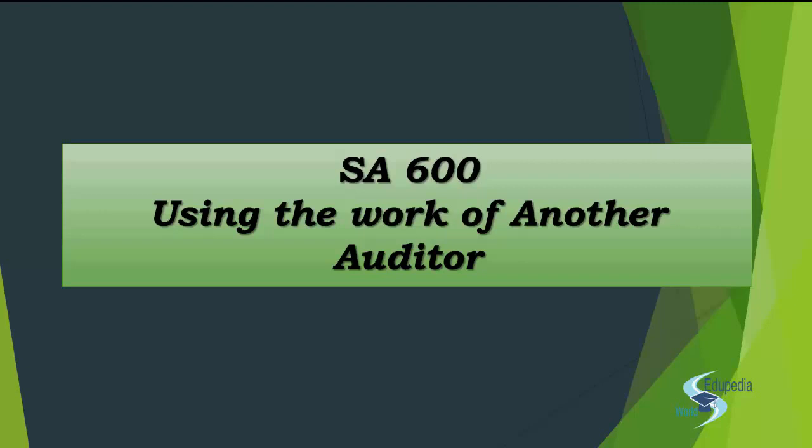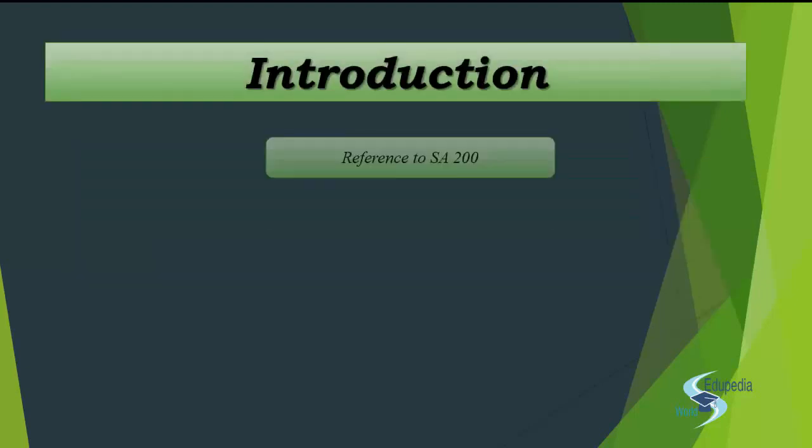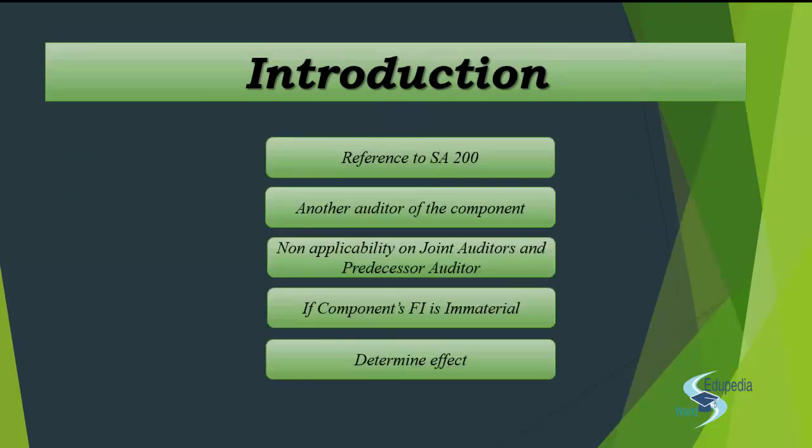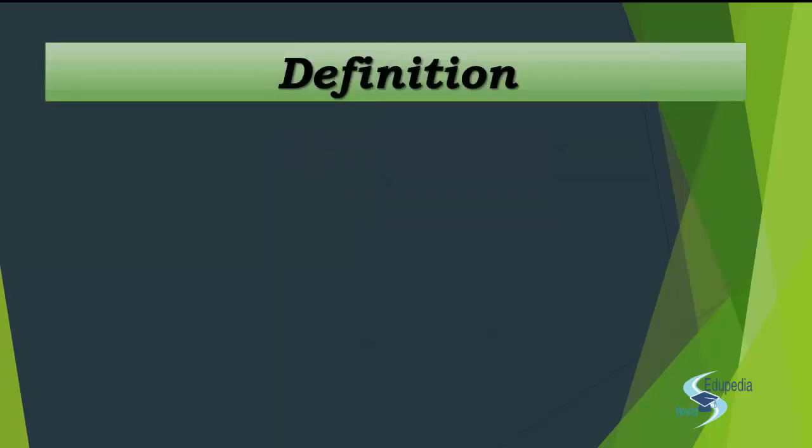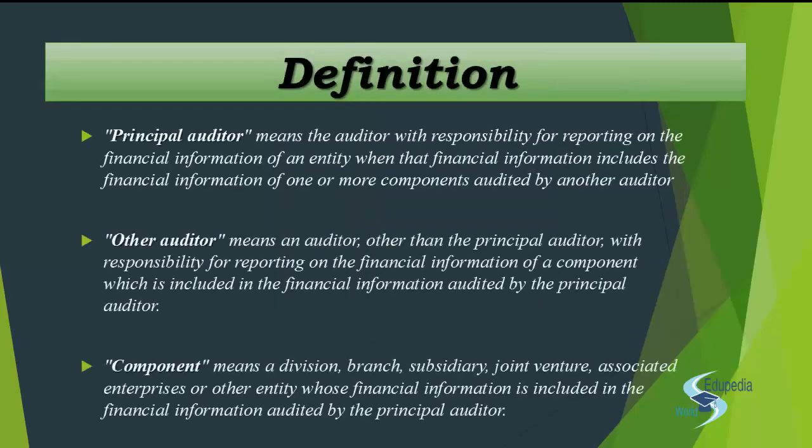I'll just brief you through the topics that we have covered in the previous lectures. We have done the introduction part, with 5 subheadings that we discussed. Moving on to the definitions, we discussed 3 definitions: the principal auditor, other auditor, and the component.